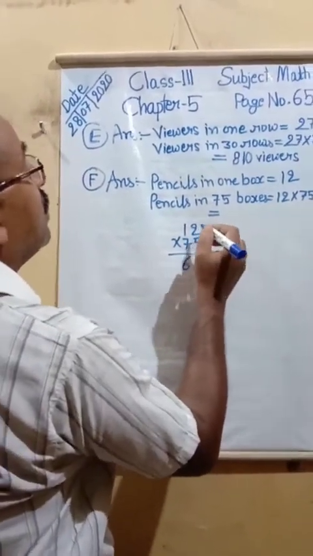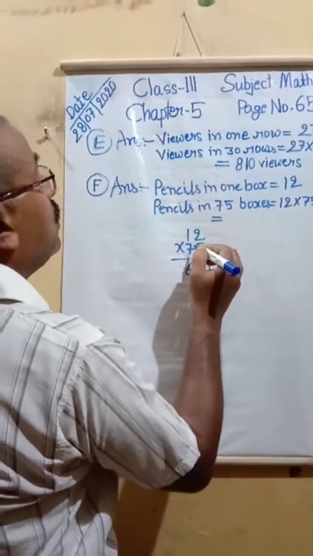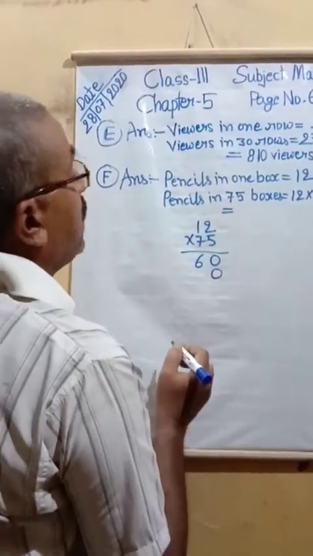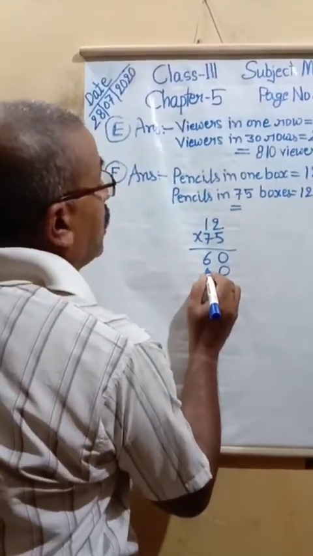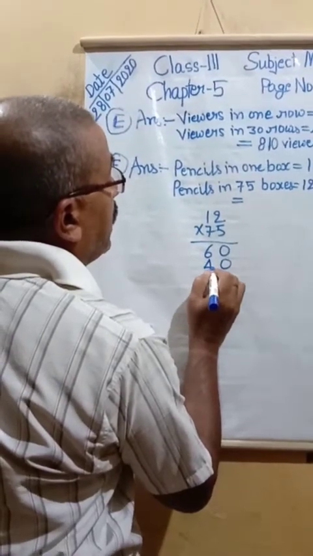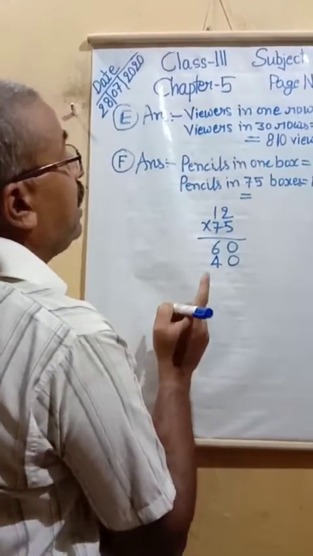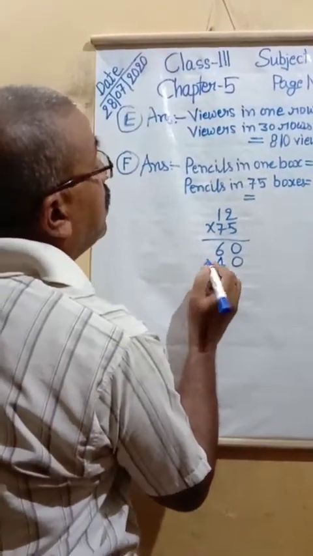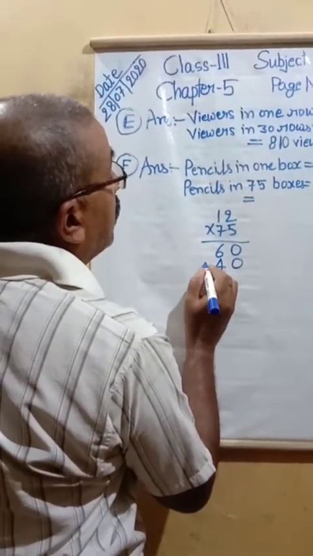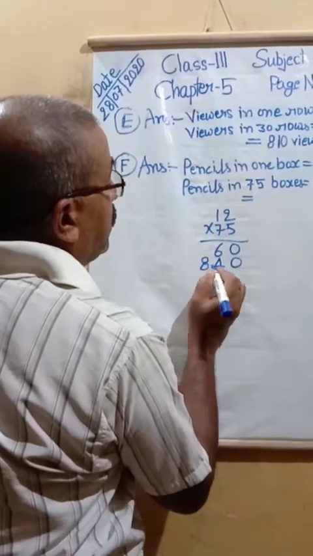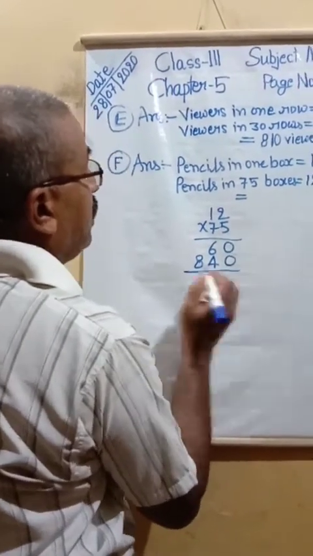Then 2 7 ja 14. We will write here 4, carry 1. 1 7 ja 7 and 1 8.